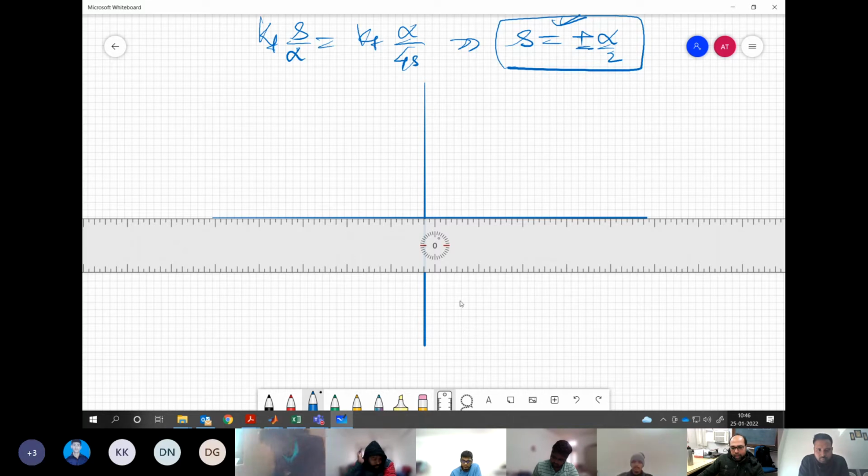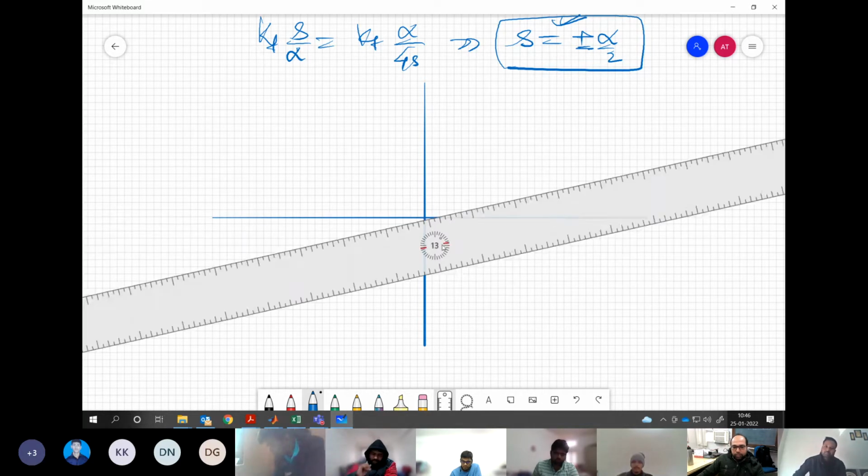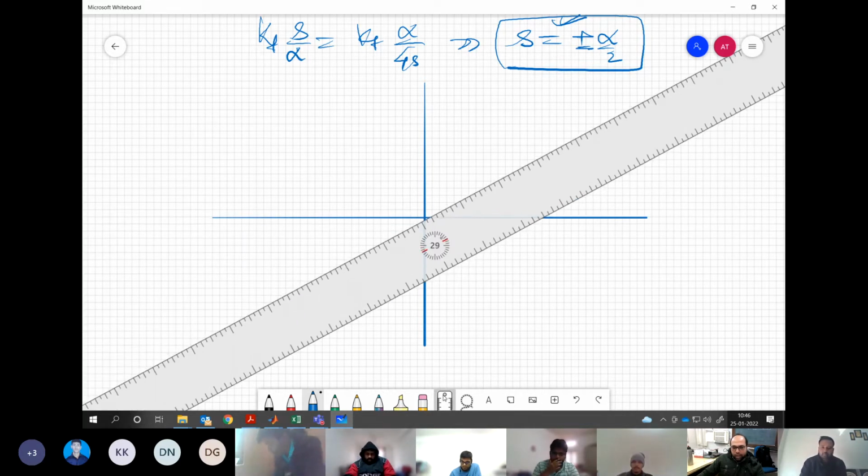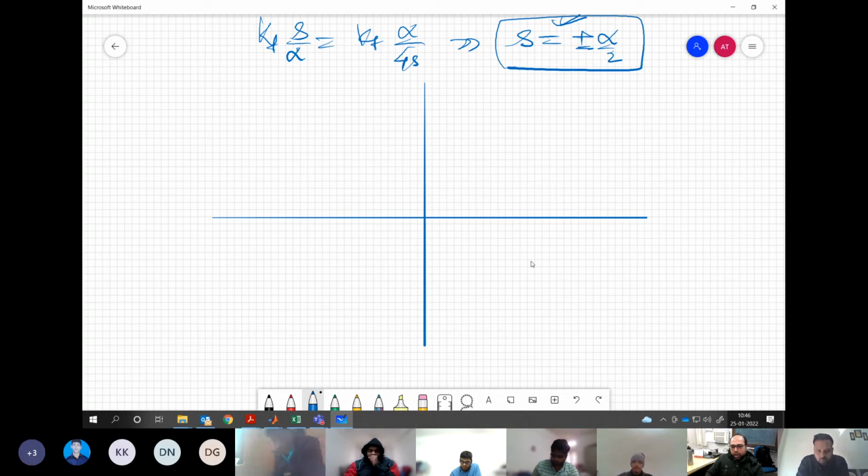We are having the complete range of operation for the motor. Let us say here we have S equal to 1. So this is 0, 1, and then it is extending beyond 1. And similarly we have something like minus 1 over here, which corresponds to the generating mode. This is all motoring mode up to 1, and then the other mode of operation.